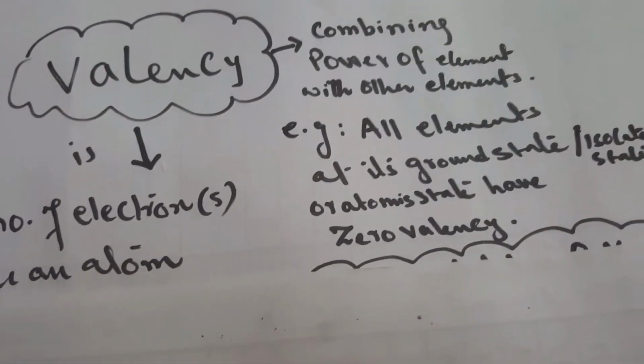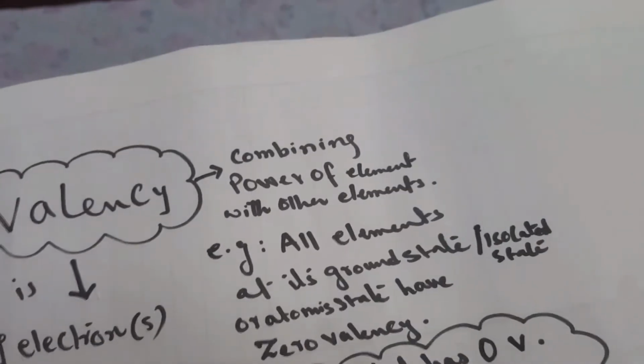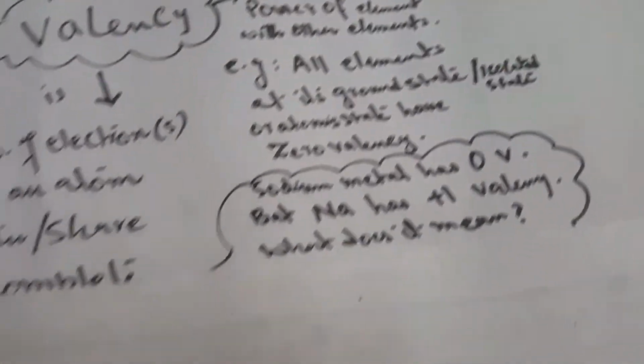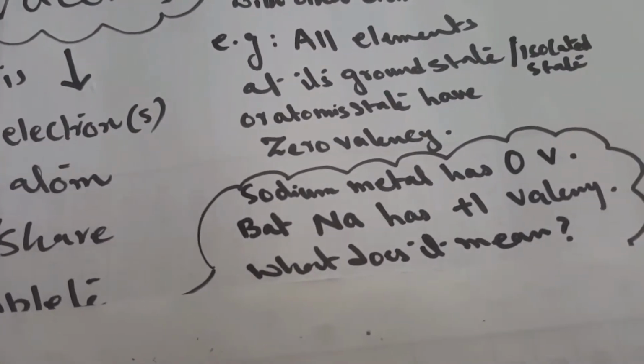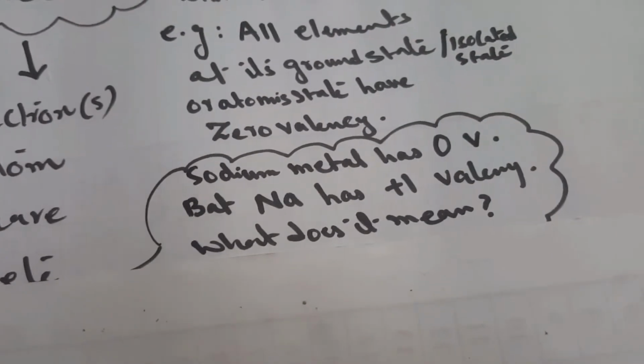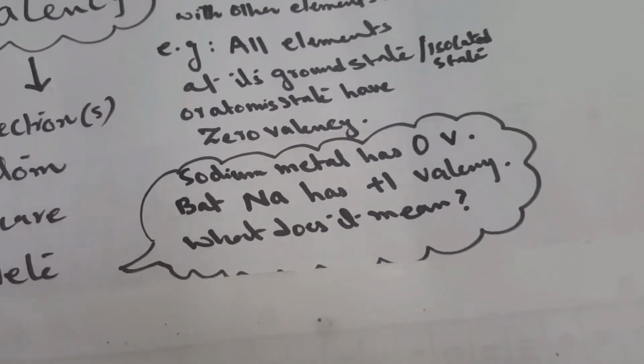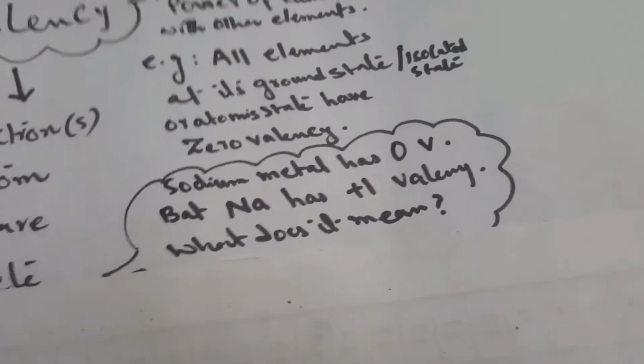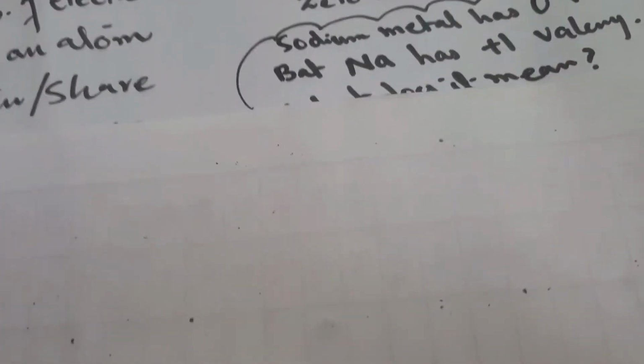So sodium metal, if we have it, has zero valency, but most of the time we hear sodium has +1 valency. What does it mean?